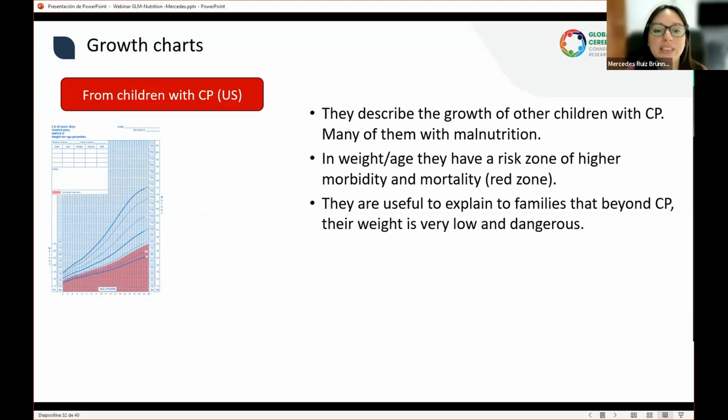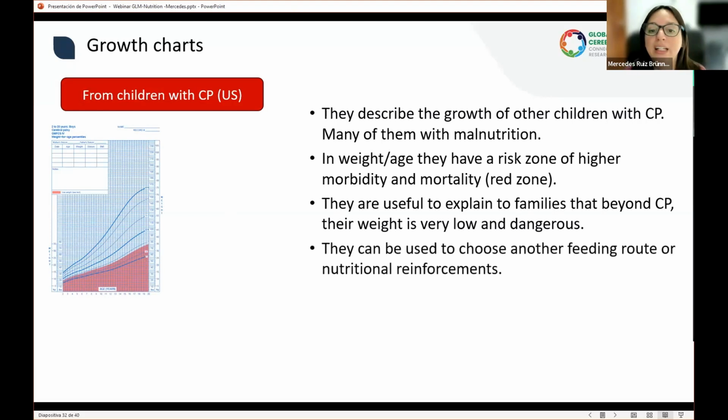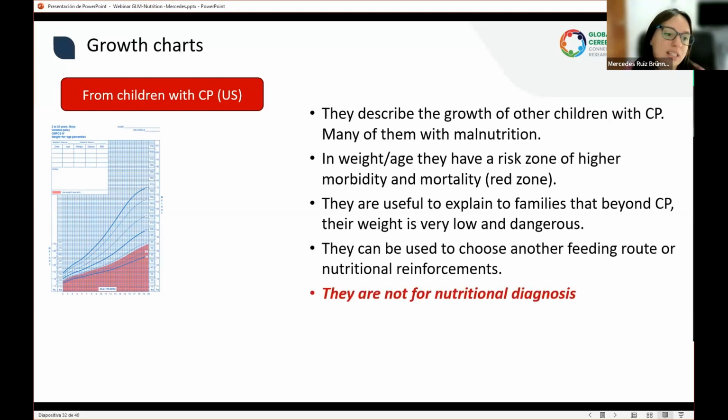And other children with CP can be out of that red zone. They can be used to choose another feeding route or option or nutritional reinforcement, but they are not for nutritional diagnosis. They don't have the cut-off point to have a nutritional diagnosis.